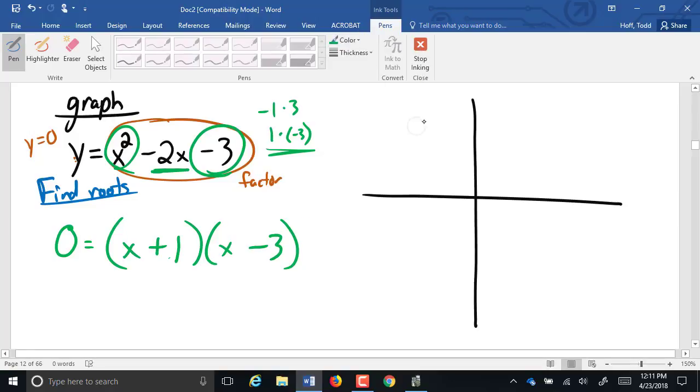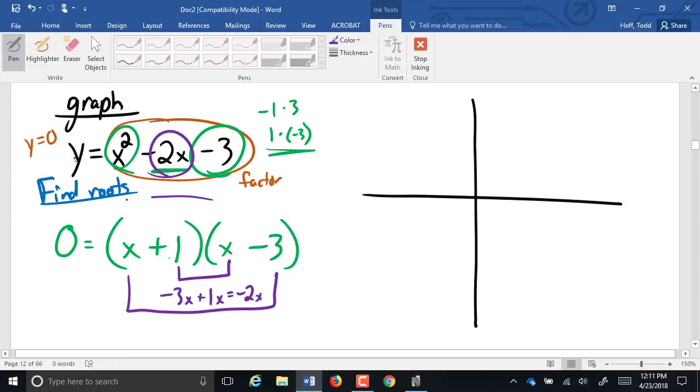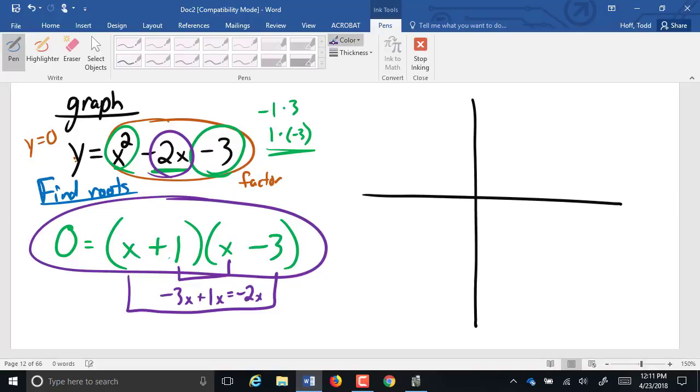Let's check on the outside and see what we get, outside and inside. So on the outside, we have x times negative 3 is negative 3x. On the inside, we have 1 times x is positive 1x. Negative 3x plus 1x is negative 2x. That's what we want. So this is our factoring right here: x plus 1 times x minus 3.